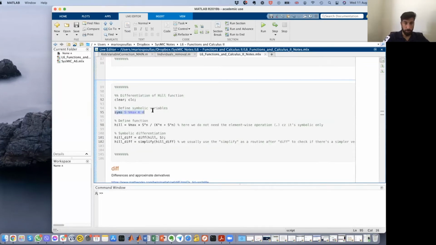So I'm using the syms function, and again, it's the same symbols: S, Vmax, K, and N for the exponent. I'm running this, so we've got them all in the workspace. And then we are proceeding to define the function. Again, we name it Hill.